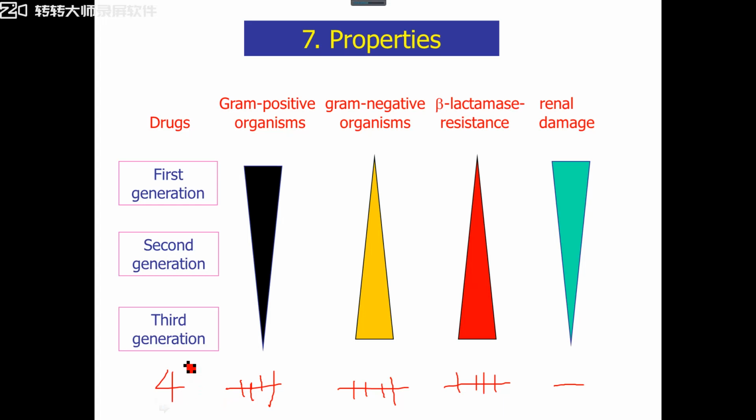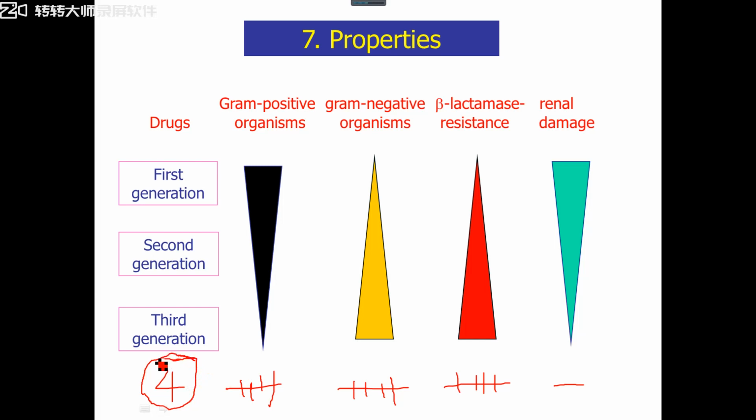So, do you know, in fact, we shouldn't use the fourth generation cephalosporins as the first choice. That means for patients, we should give penicillin as the first choice. If penicillin has no effect, we change to cephalosporins. And if the first, second, and third generation cephalosporins still have no effect, at last we give the fourth generation cephalosporins.